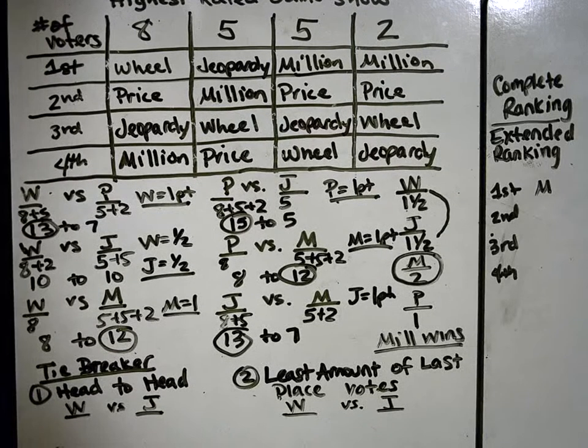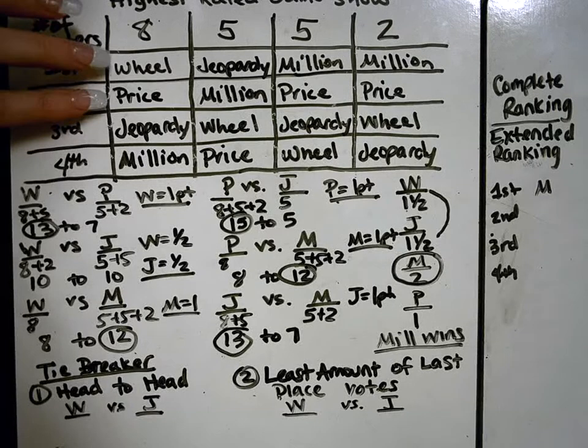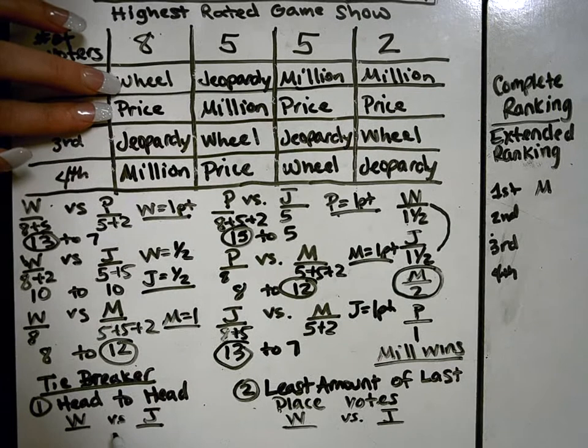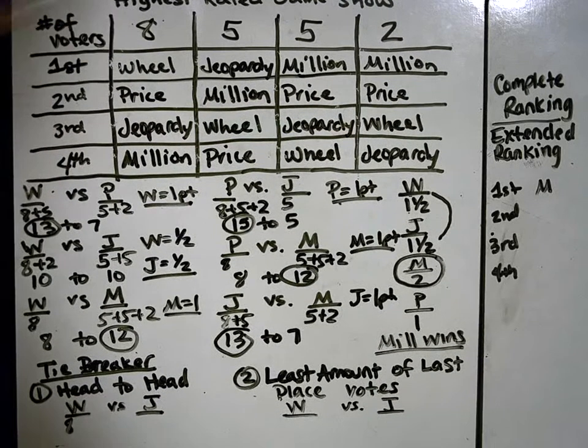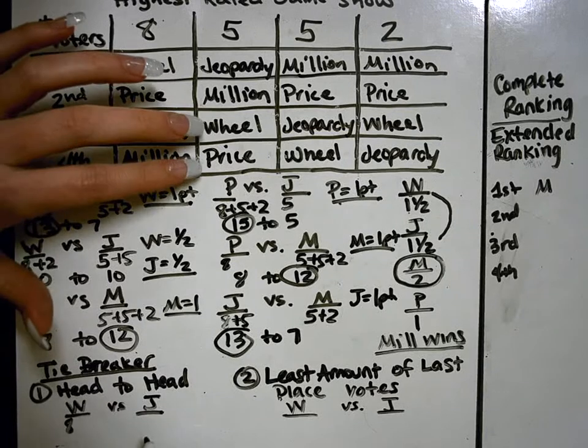So the first one we're going to do is the head-to-head. We're only looking at Wheel and Jeopardy, and they're going head-to-head. So we're just going to do the same process. We're looking at those 2, which candidate is preferred in each column. Here, Wheel is preferred, so Wheel gets those 8. We look at the next column. Just go column by column.